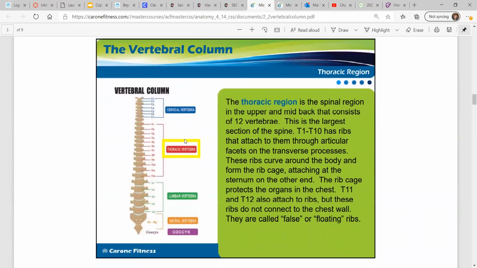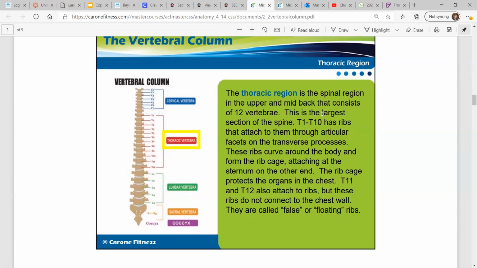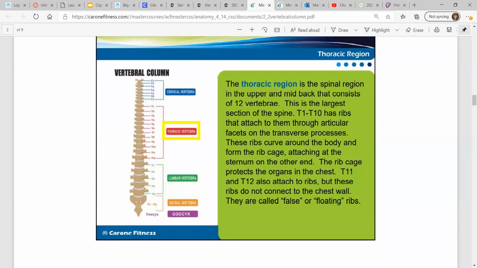The thoracic region is the spinal region in the upper and mid back that consists of 12 vertebrae. This is the largest section of the spine. And we have T1 through T10 has ribs that attach to them through articular facets on the transverse processes. And all that means is the first 10 have ribs attached to them.